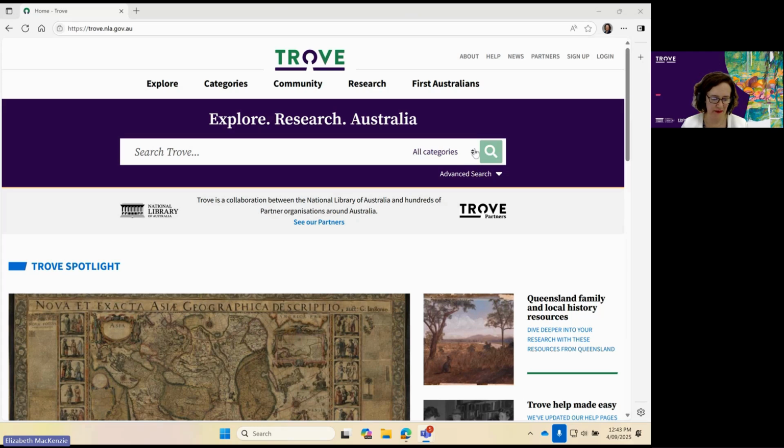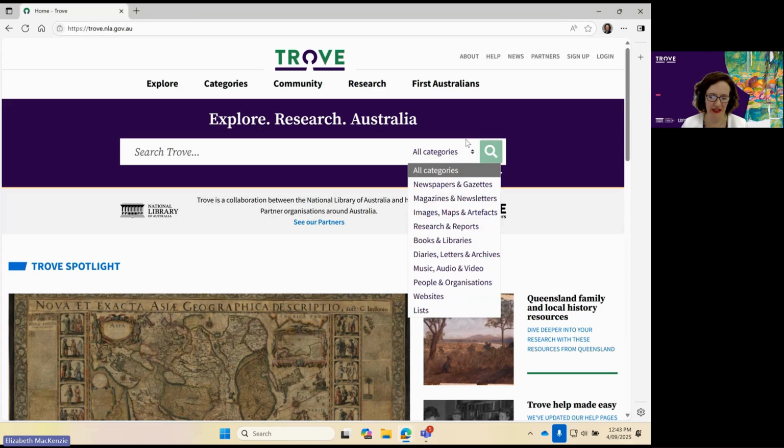Digitised content is available in the categories newspapers and gazettes and magazines and newsletters. But if you look in the books and libraries category, you'll find information about content that may or may not be available online. As I mentioned earlier, one source is newspapers, and that's where we're going to start.